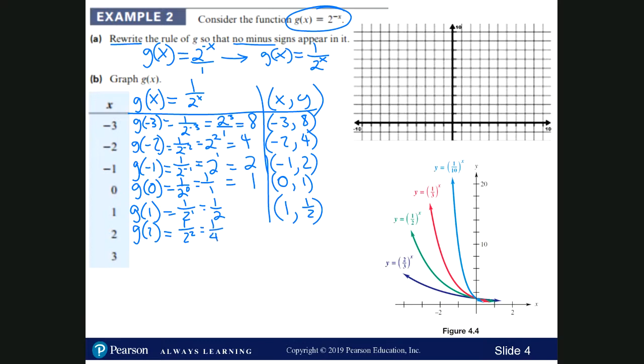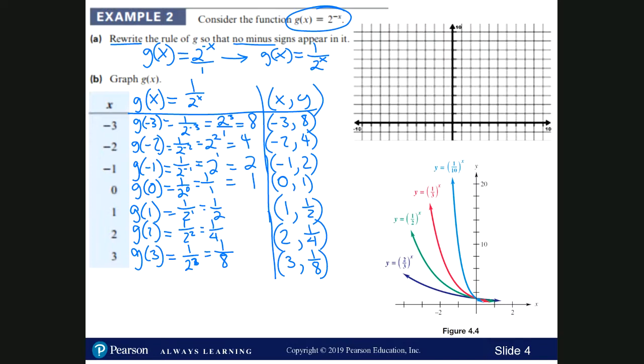Next one is g of 3, so that will be 1 over 2 to the third, and so that will be 1 over 8. Let's write down our points. So we have 2, 1/4, and then we have 3 for x and 1/8 for y. So we're going to go ahead and graph those points.